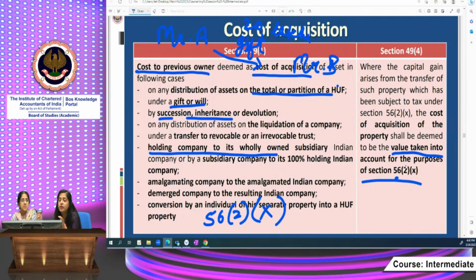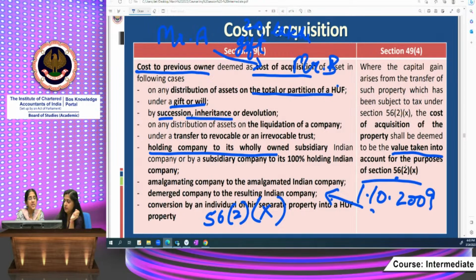But if 56(2)(x) was not attracted at that point of time, due to the exemption which is given, because it's gifted to a relative, or because 56(2)(x) was applicable only from 1st April 2009, so if the transaction took place before that, 56(2)(x) was not there. So in that case, it will fall under the category of 49(1). It means you will have to take the cost of the previous owner.